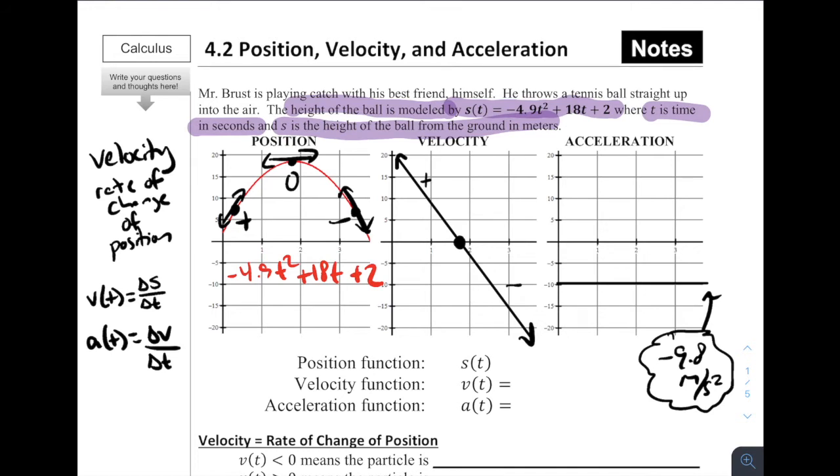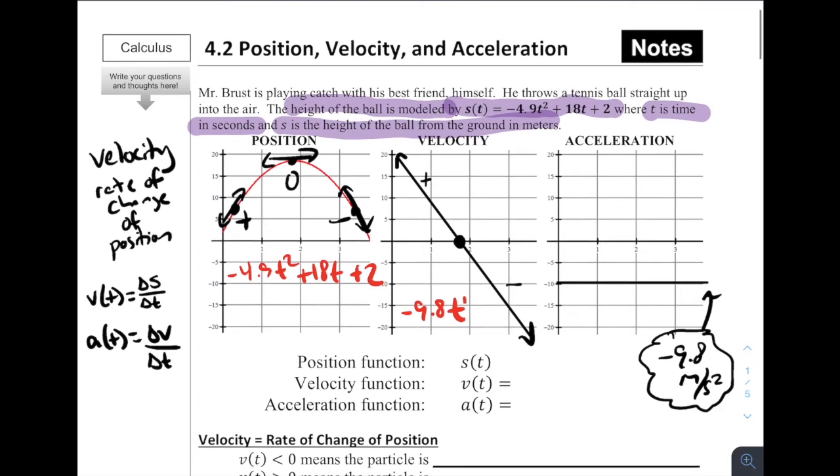In this case, if we know that the velocity is the rate of change of the position, aka the derivative of the position, I would expect that if I took the derivative of this quadratic function, that I would have a linear function. And in fact, if I do that, the derivative of this is going to be negative 4.9 times 2, so that's negative 9.8t, 2 minus 1 is going to be, so t to the 1, plus the derivative of 18t, which is 18, and then the derivative of 2 is going to be 0.